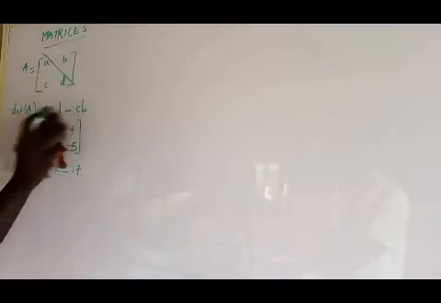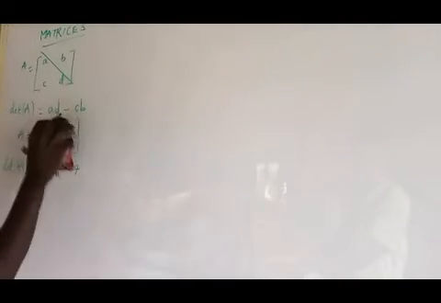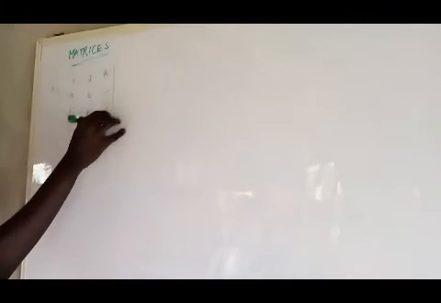So let's check on the 3 by 3 matrix, how to get the determinant of a 3 by 3 matrix. So let's say I have my A to be i, j, k, a, b, c, and d, e, f. So let's say I want to find the determinant of this set. How will you do that? Very simple.